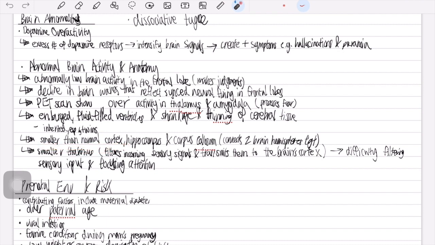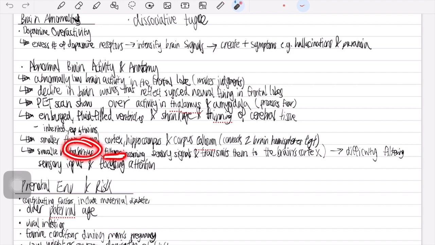And there is also a smaller than normal cortex, hippocampus and corpus callosum. And again, the corpus callosum is the part of the brain that connects the two brain hemispheres together. And there is also a smaller thalamus.